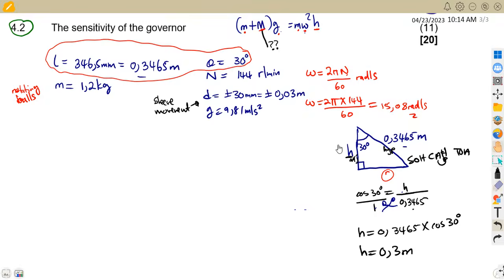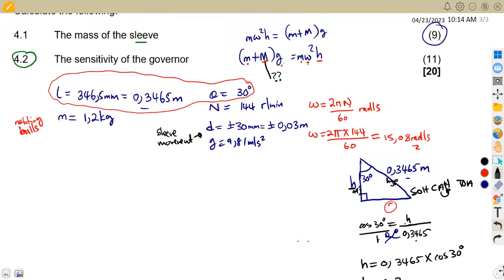So from the formula now, I just want to utilize this space here. From this formula, we said we can calculate our mass, or you can manipulate your formula. This is M, the mass of the rotating balls plus the mass of the sleeve, times gravitational acceleration, which is equal to the mass of the balls times w squared h.